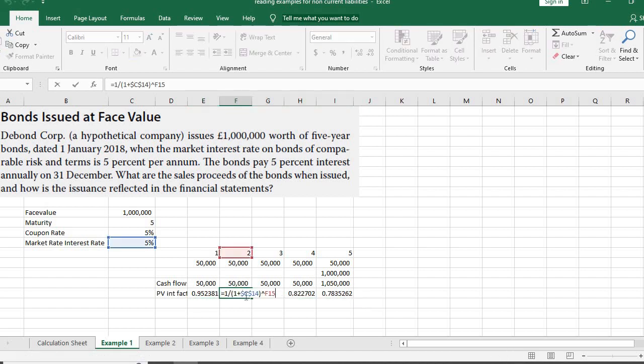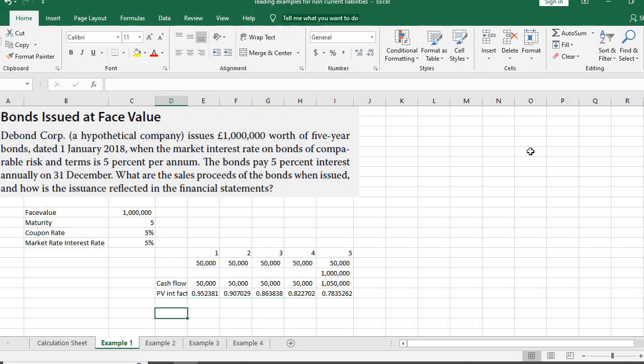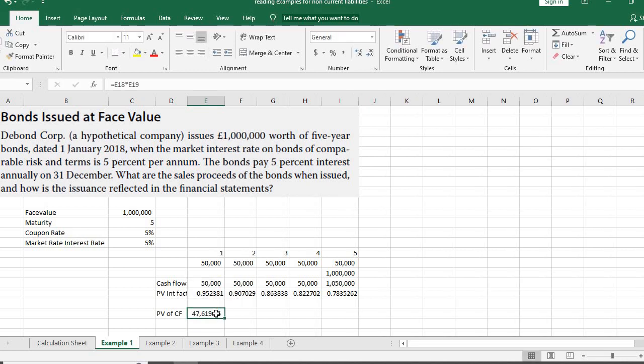For year 2 it's 1 divided by 1.05 raised to the power 2, because there are 2 years for discounting this cash flow. For 3 years it's raised to the power 3, and so on. The present value of cash flows will be the cash flow at time 1 multiplied by the interest factor of time 1, and similarly we move on.